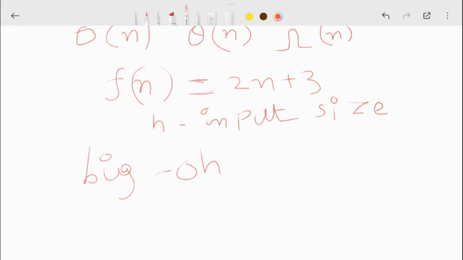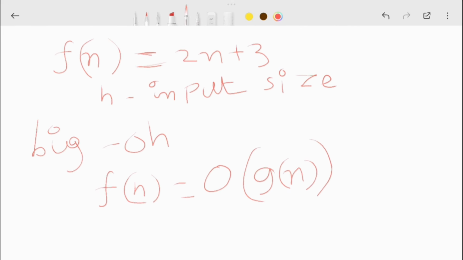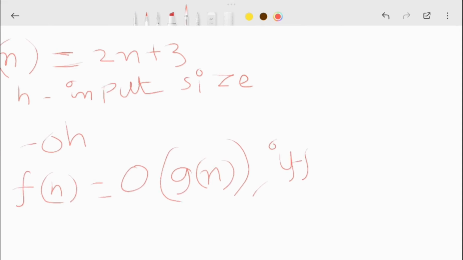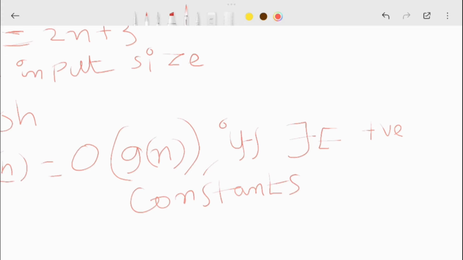So the big O notation for a function f of n can be represented as big O of g of n if and only if there exist positive constants C and n0.